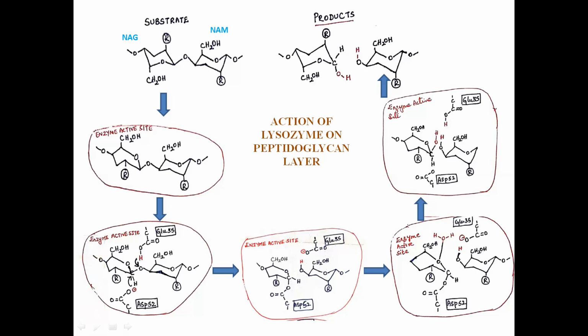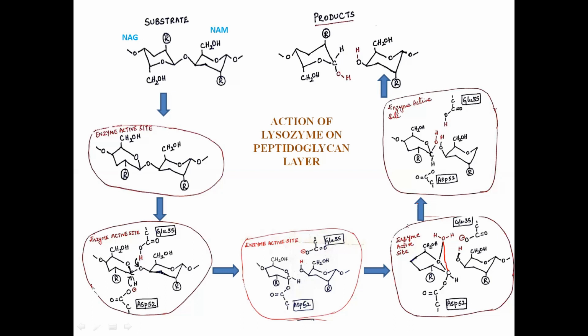Here the oxygen attacks the carbon atom, and it breaks the transient covalent bond that is formed between the aspartate and the carbon, and this leads to the formation of a bond with the OH group here.